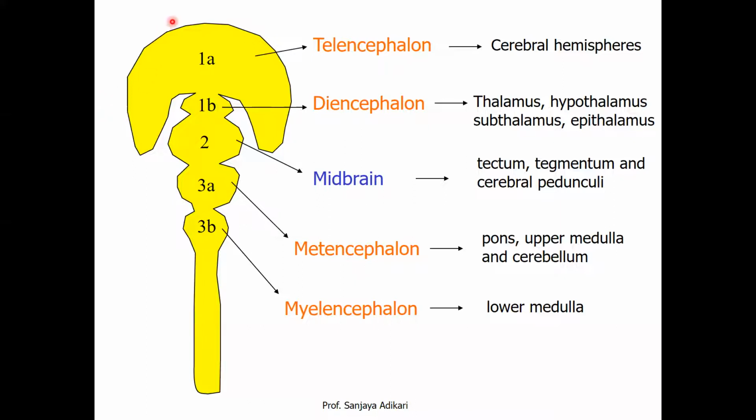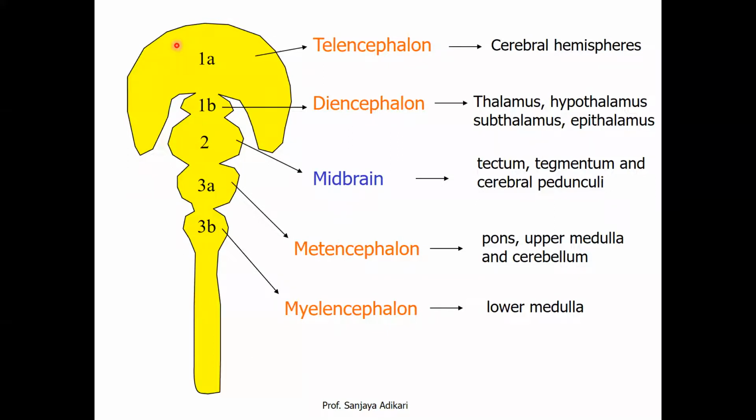For you to see them, either you have to cut the cerebral hemisphere here and remove it, so that you will see the lateral side of the diencephalon, or you take a mid-sagittal section here, then you will see the sagittal section of the diencephalon.